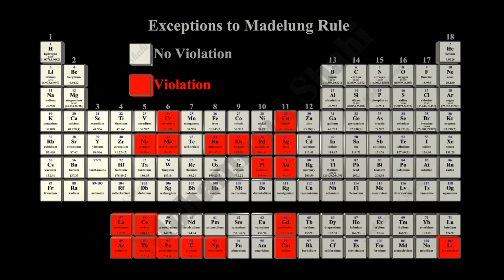Since there is no method that exactly determines which elements violate the Madelung rule and how they do so, we should refer to tables or memorize exceptions to be able to write exact electronic configuration of violating elements.